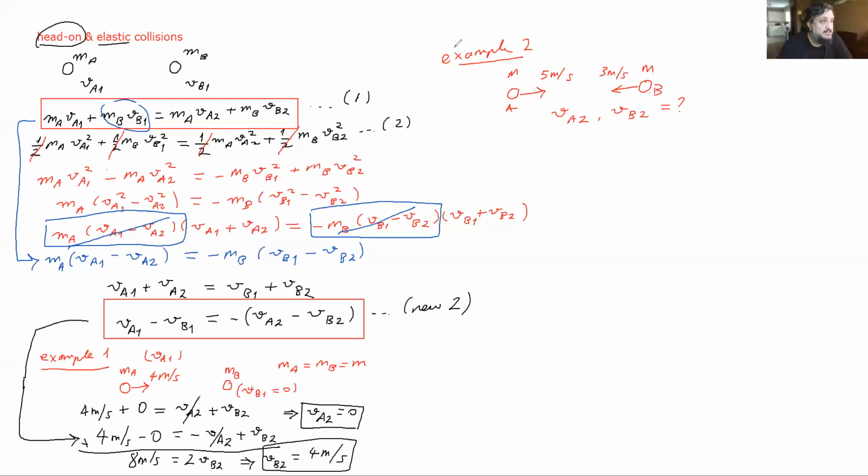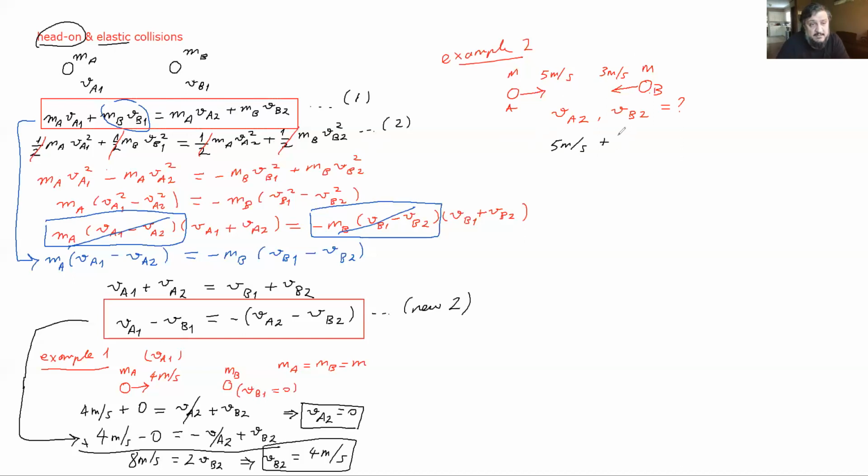All right, so same idea, same equations. The first equation, the momentum equation, and the second is this equation. For the momentum equation, I have the masses cancelled because they're the same. I have 5 meters per second for VA1 plus, now I need VB1. But VB1 has a magnitude equal to 3, but it's to the left.